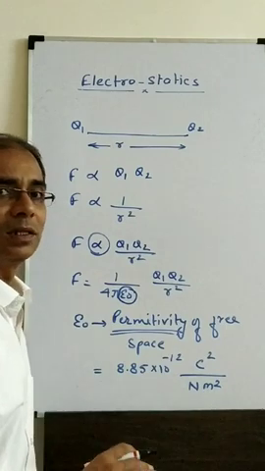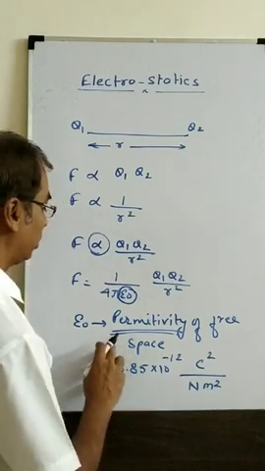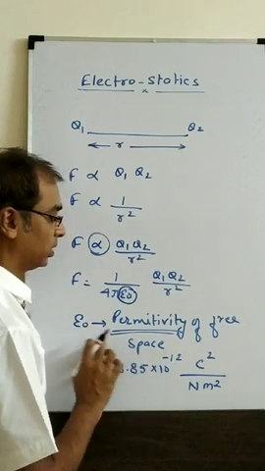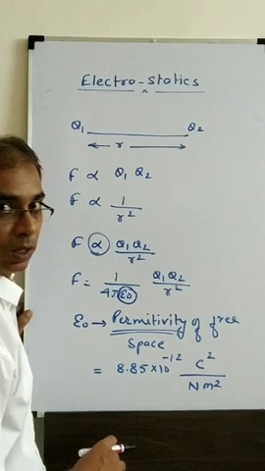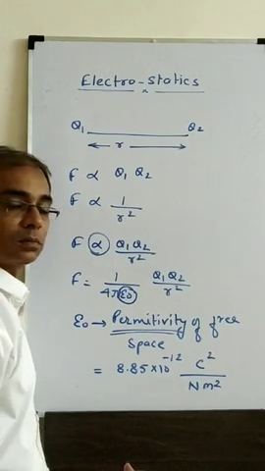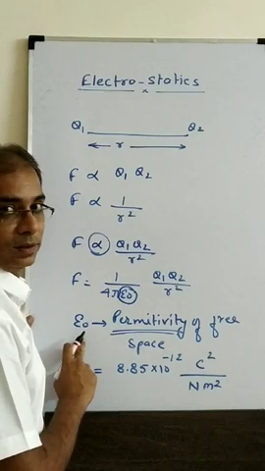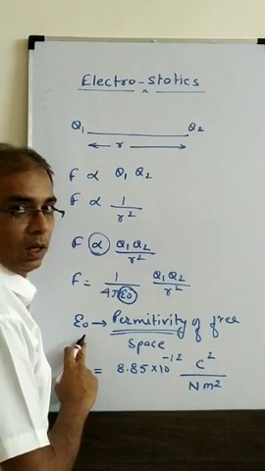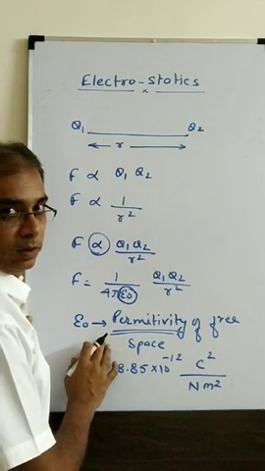So does it mean that it has different values for different media? Yes. This 8.85 into 10 to the power minus 12 is for vacuum, or you can say for air. For a conducting body, the value of this epsilon naught is infinite. Its value will become infinity.